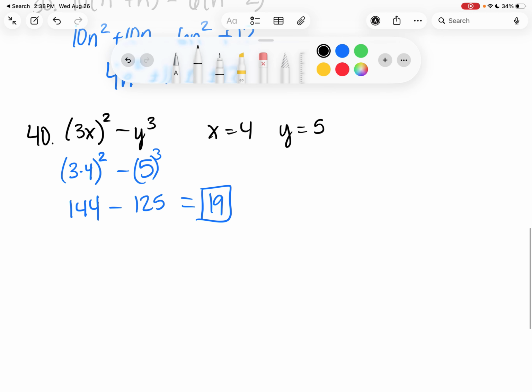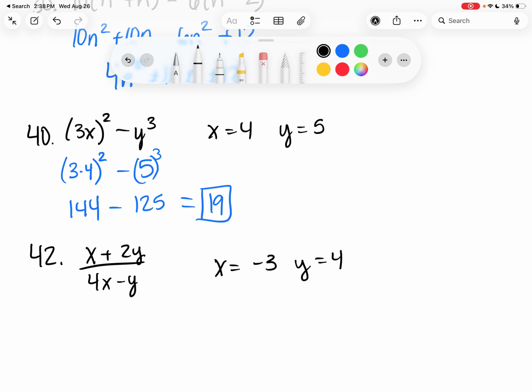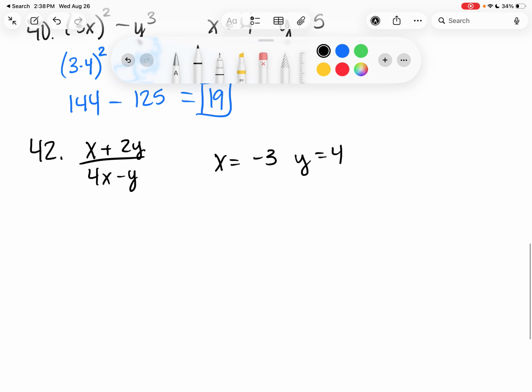42. x plus 2y over 4x minus y when x is -3 and y is 4. So same thing, plug in first. -3 plus 2 times 4 over 4 times -3 minus 4. So what do I end up with on top?